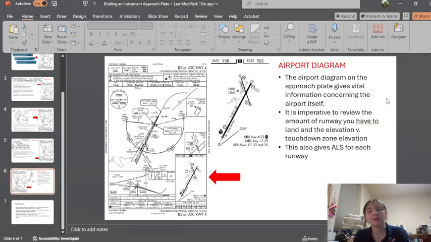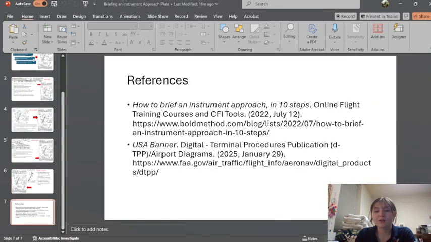So it's imperative to look at this information before touching down, making sure that the amount of runway that's there fits your aircraft. It also gives us the approach lighting system depending on the runway that you're landing on. And then these are my references. So, yep.